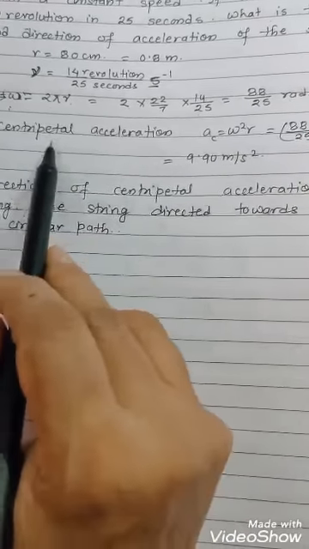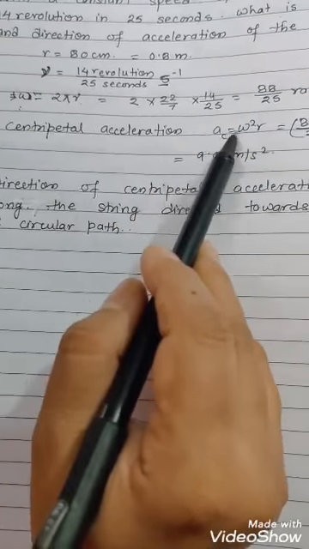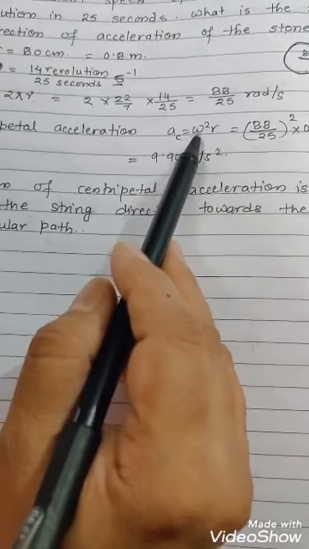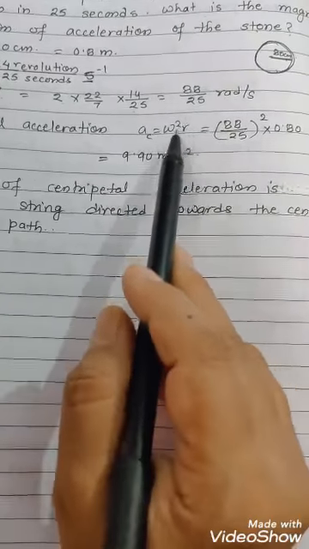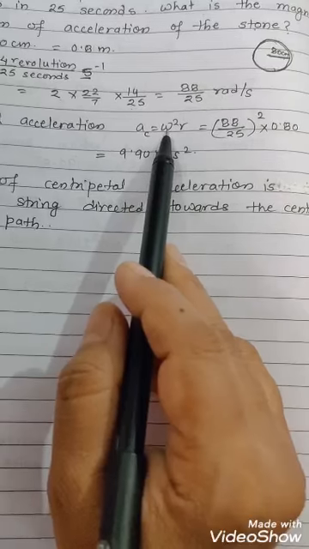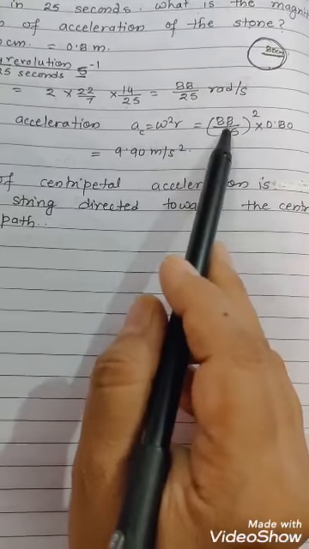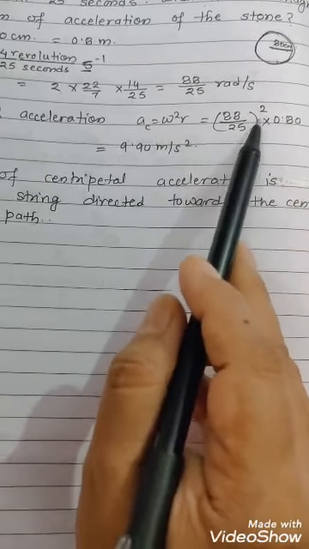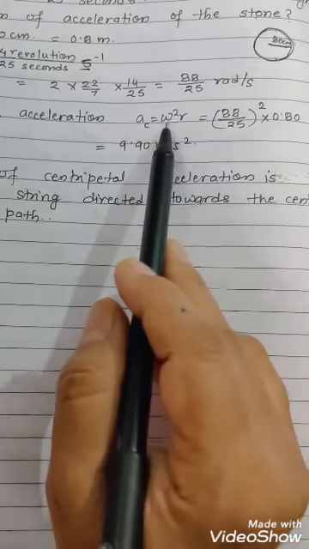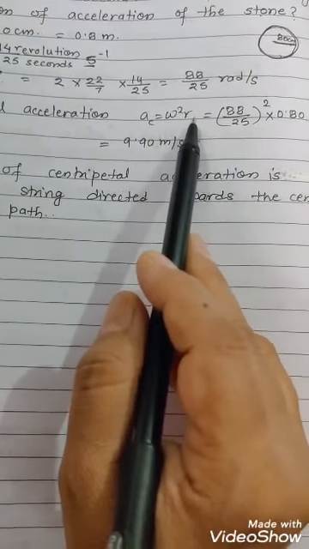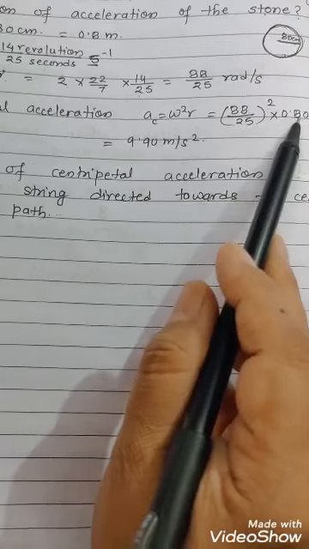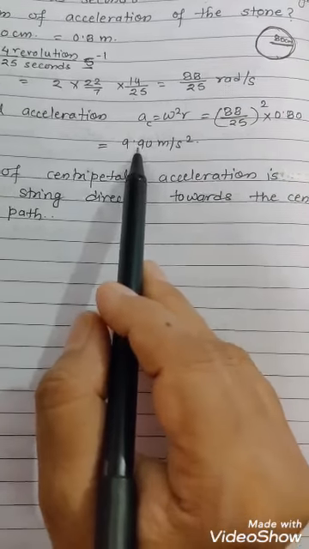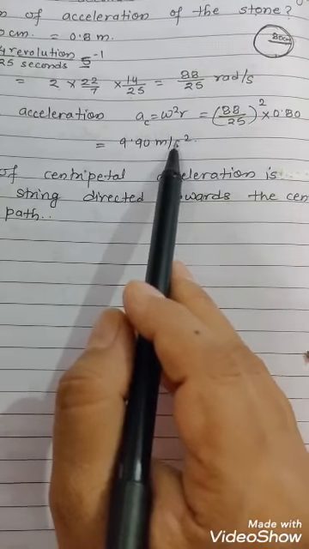We know that the centripetal acceleration a_c is equal to omega square r. We know the value of omega, which is 88 upon 25, the whole square, and r already we know that is 0.8 meter. So it will come 9.90 meter per second square.